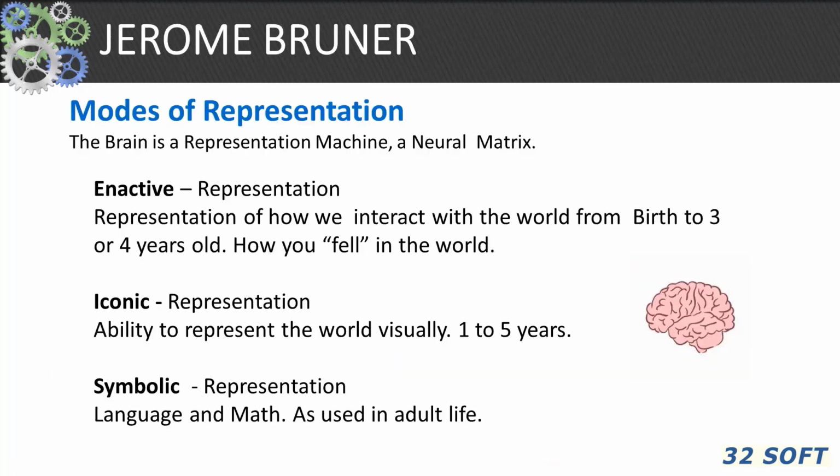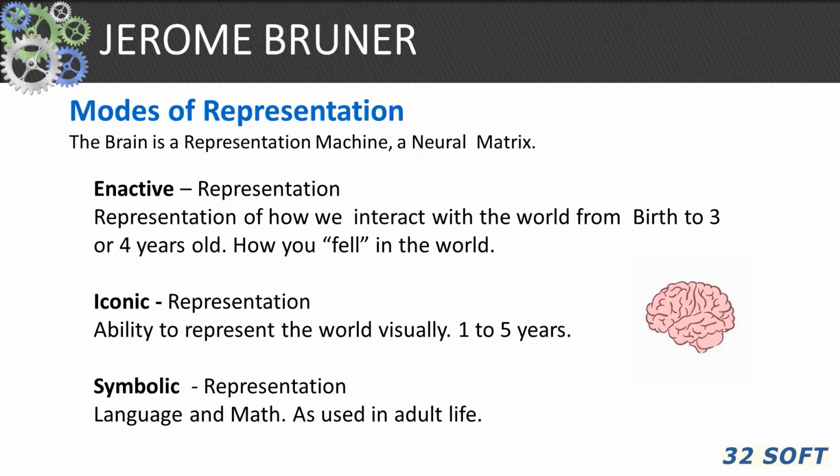One of the primary leaders in the cognitive revolution was Jerome Bruner. Bruner received his PhD from Harvard in 1941, then came back to teach in 1945 after having served in the Army Intelligence Corps.